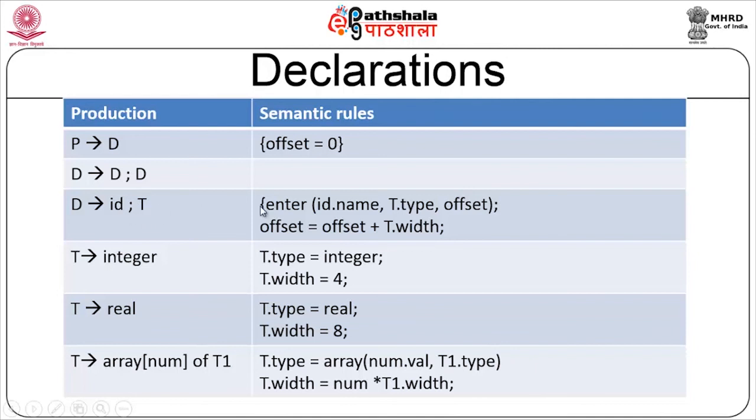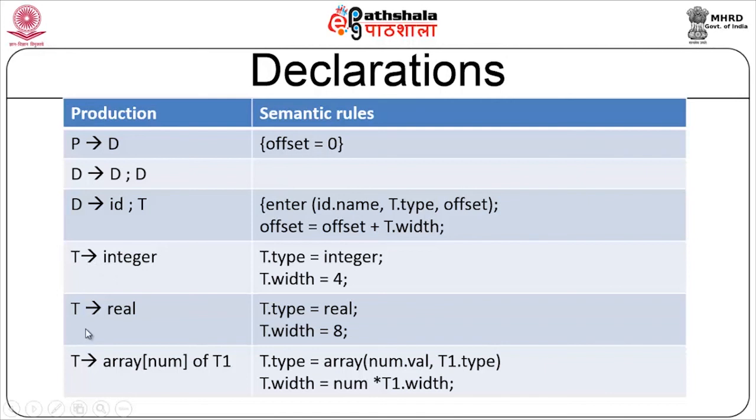Okay. So enter here is creating a new symbol table entry. When a declaration is encountered, you create a symbol table and put it into that basically. So what do you put into that? You will put this variable name, its type and offset. So to start with, offset will be 0. After that, I have seen one variable now, therefore I have to increment offset by T dot width. Okay, that is what it has done here.